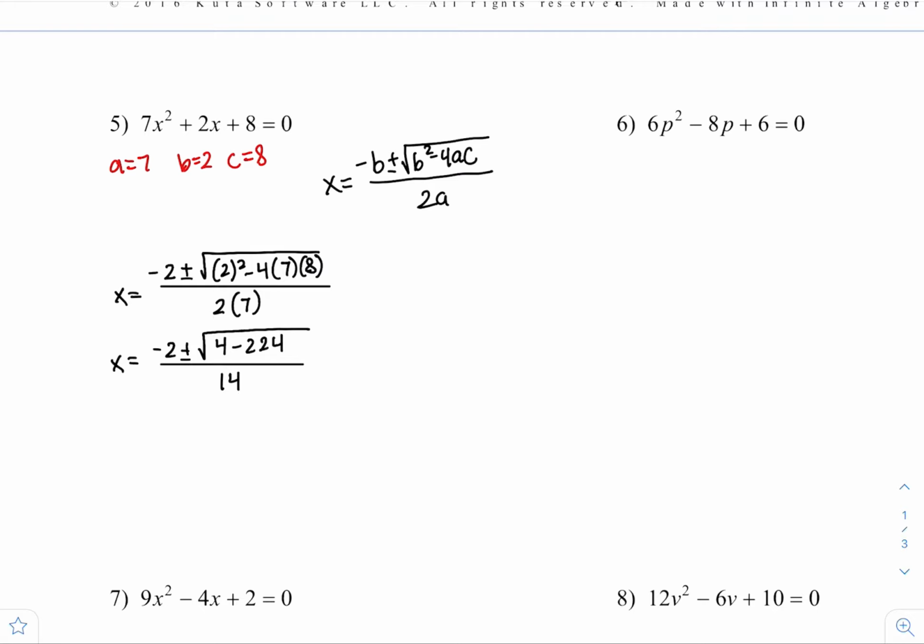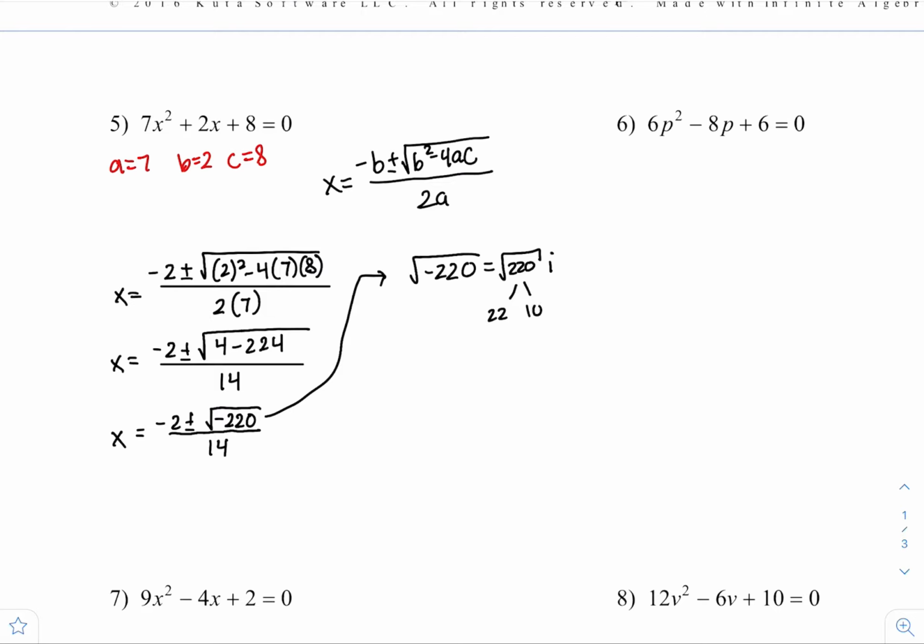Okay, so we simplify that square root. First, we know that this is the square root of positive 220 times i, because remember, i is the square root of negative 1. So simplify this, we get 22 and 10, 11 and 2, factor this out, 10 and 5.